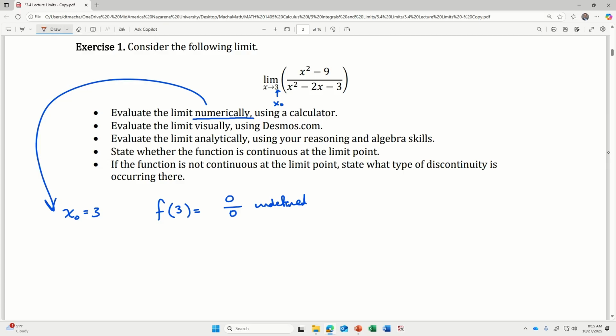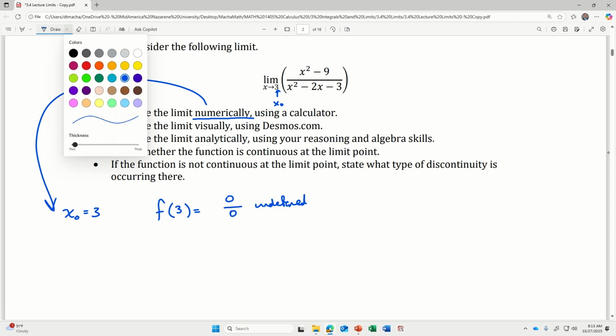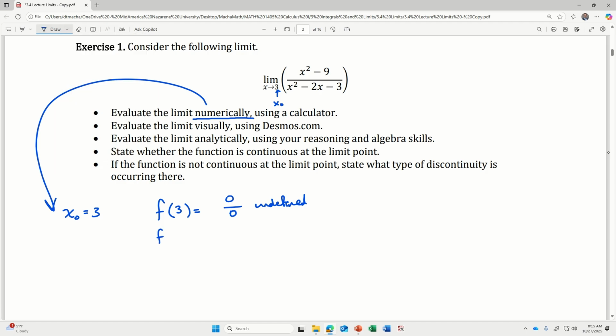But the next thing I would do if I'm evaluating this whole thing numerically is I would ask, what is f of 3.1? And maybe you need a calculator for this. So you pull out your calculator and you say 3.1 squared minus 9, divided by, open parentheses, 3.1 squared minus 2 times 3.1 minus 3, close parentheses.